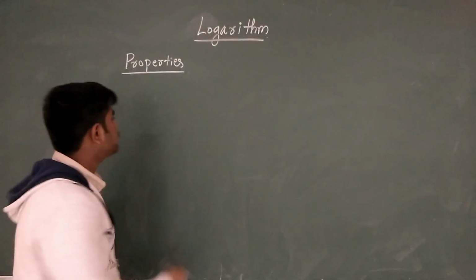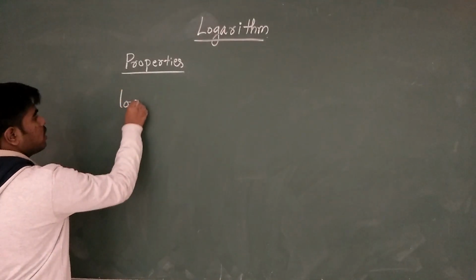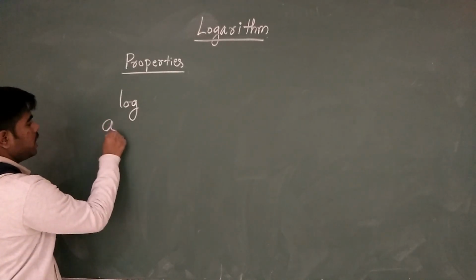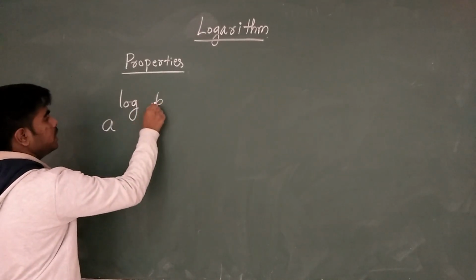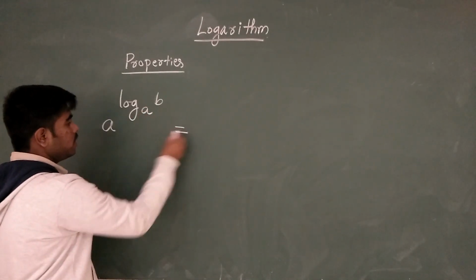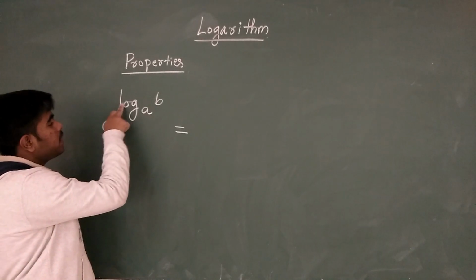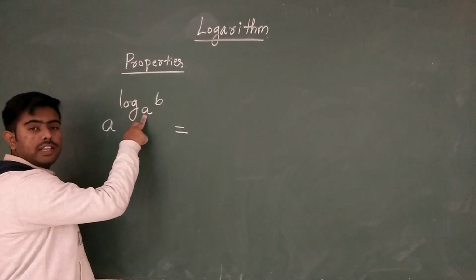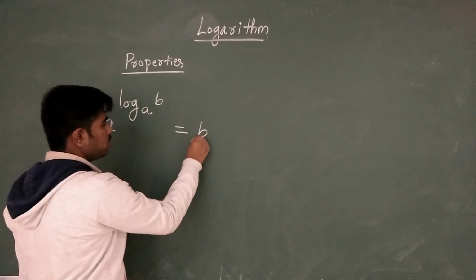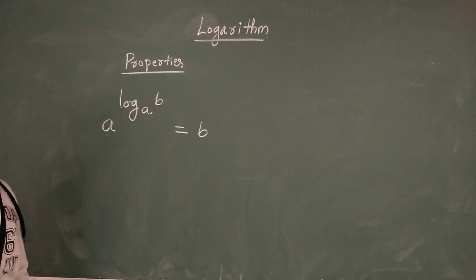The next property is, if I have a raised to log of b to the base a, and the base and the base of the logarithm in the power are the same, then the value will be directly b.